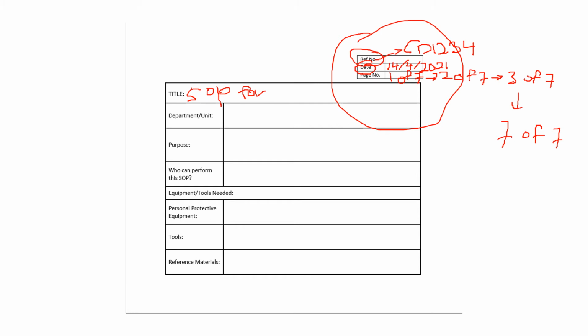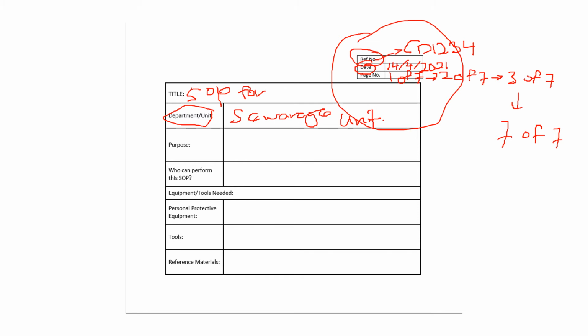And then the department or unit, please double check in the text or in the instruction what is going to be the department or unit. So maybe at this point, your department or unit is going to be the sewerage unit, for example.